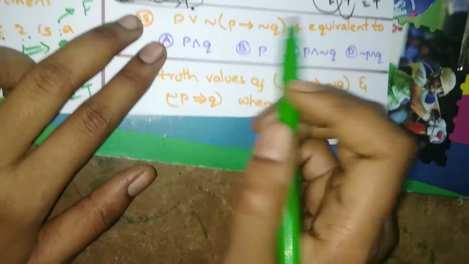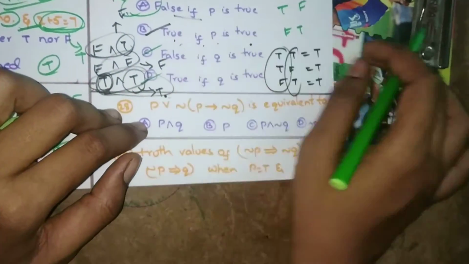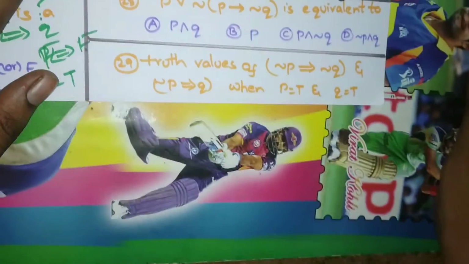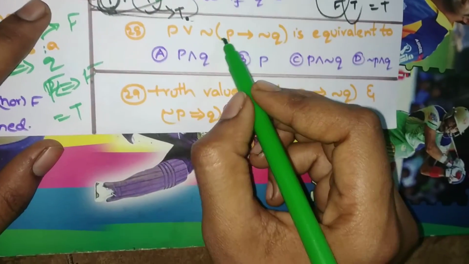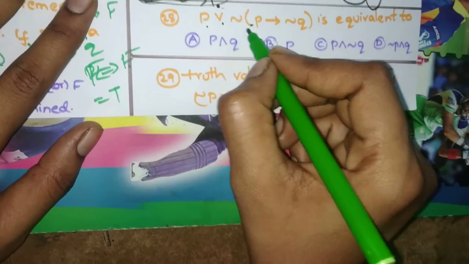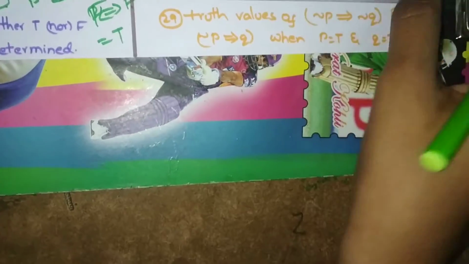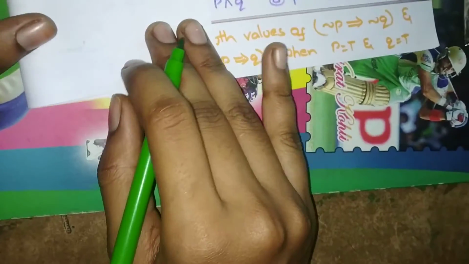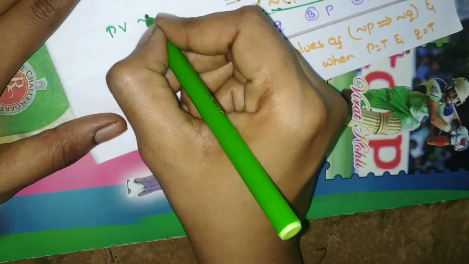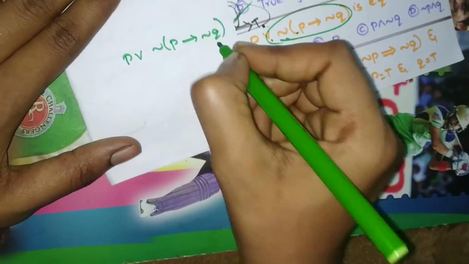See this question. P union negation of P implies negation of Q is equivalent to what? Just understand the concept.